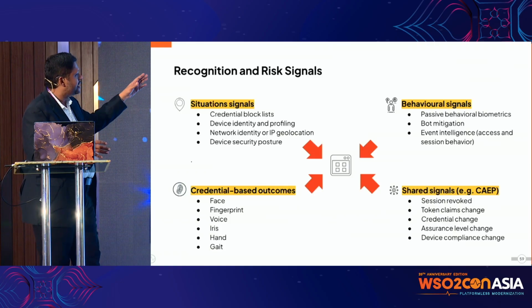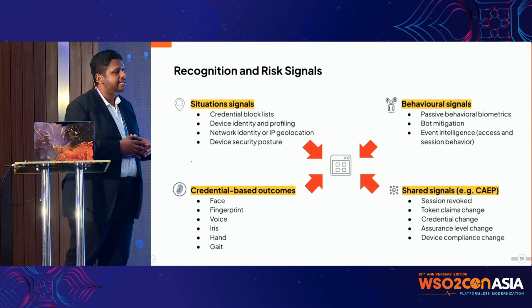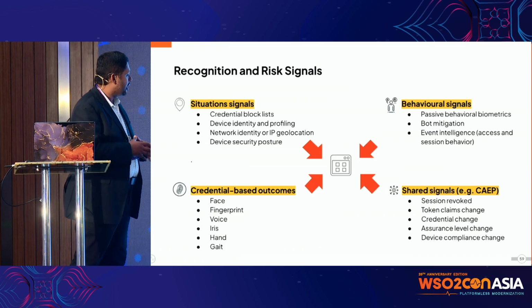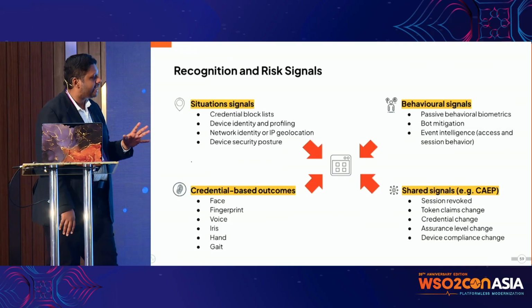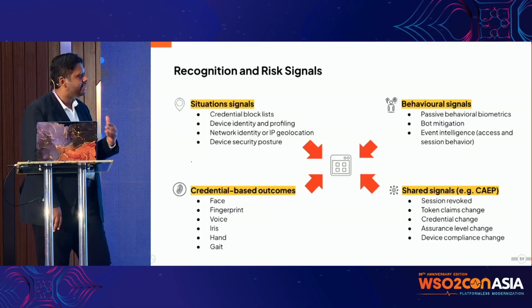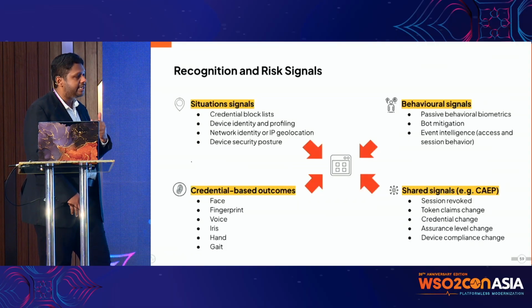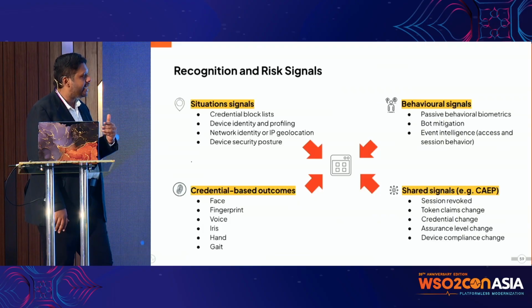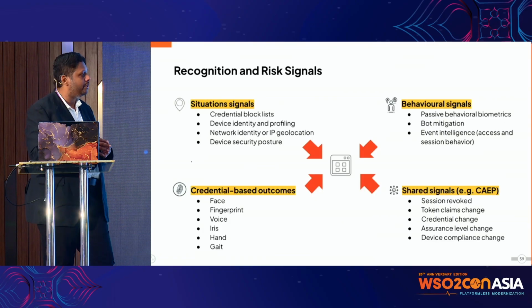You're looking at situational signals, behavioral signals of the user, credential-based outcomes and shared signals. So there are various categories of signals that you are looking at in order to arrive at an adaptive authentication decision.